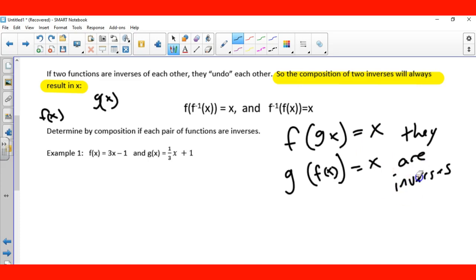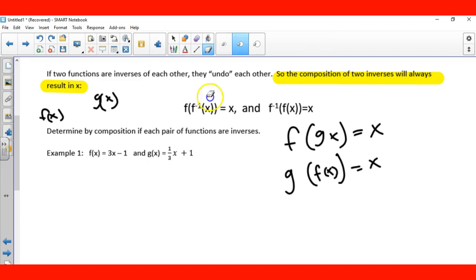Now, if I do this and I get anything else other than x, let's say x plus 2 for one and x minus 17 for the other, they're not inverses. When I simplify all the way down, if I don't get x, these are not inverses. Whatever those two functions are, not inverses. So let's do this example so we can elaborate on what I mean.